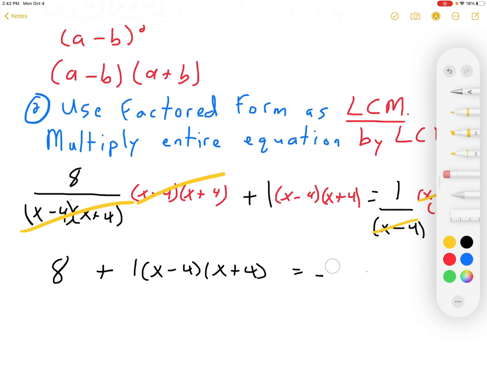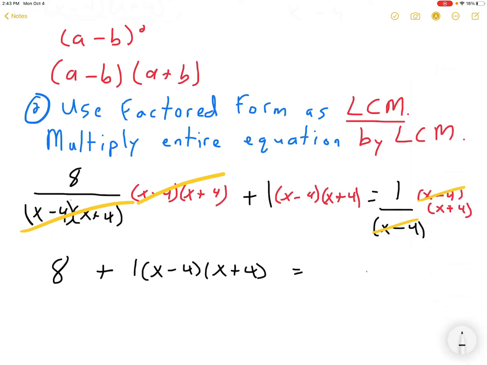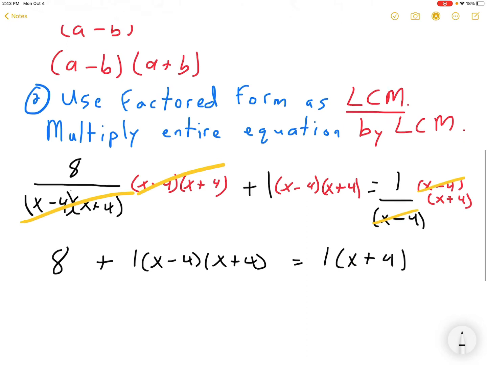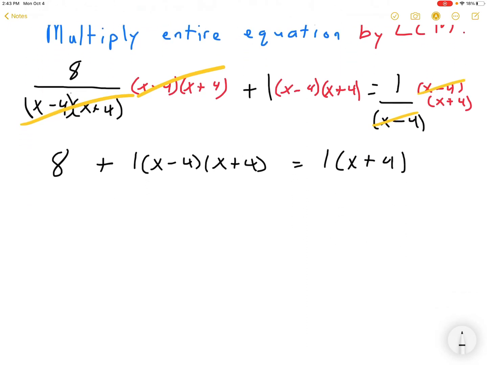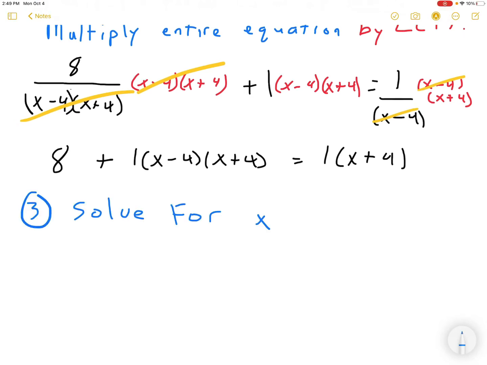That would cancel out, and we would really just be left with, on the right side, just 1 times x plus 4. And remember, in math, we don't need to write the ones, but I just did it to be consistent. So once we've cleaned up our equation here, we canceled all the like terms.